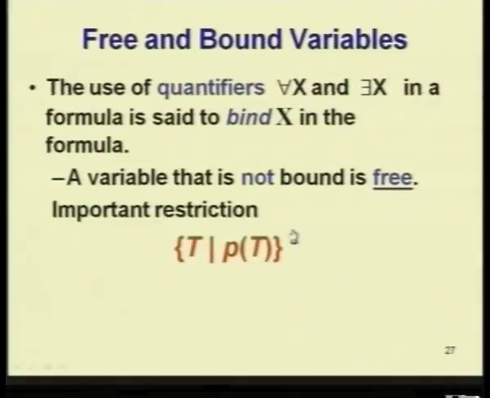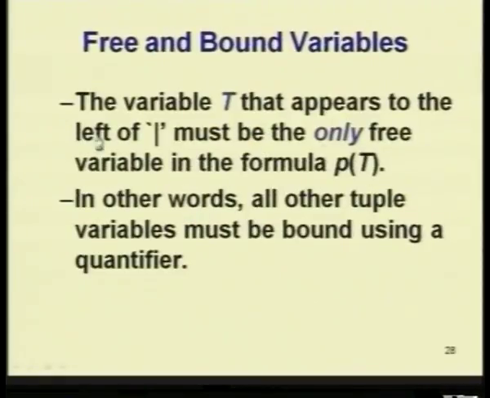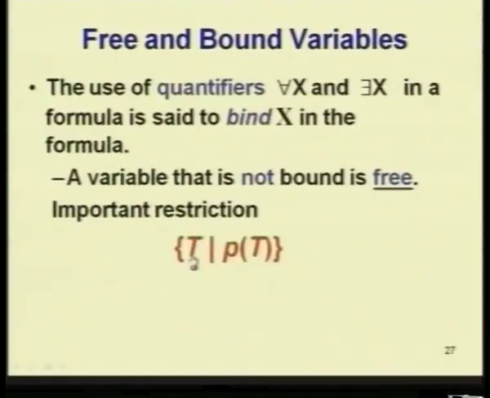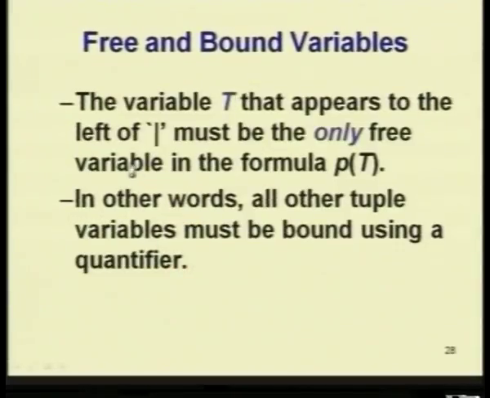So, there is an important restriction. Remember, this is the format of the query: given a tuple t, P of t. In this expression, the variable t that appears to the left of this symbol, which essentially says that tuples that satisfy this particular predicate, this particular value t must be the only free variable in P of t.